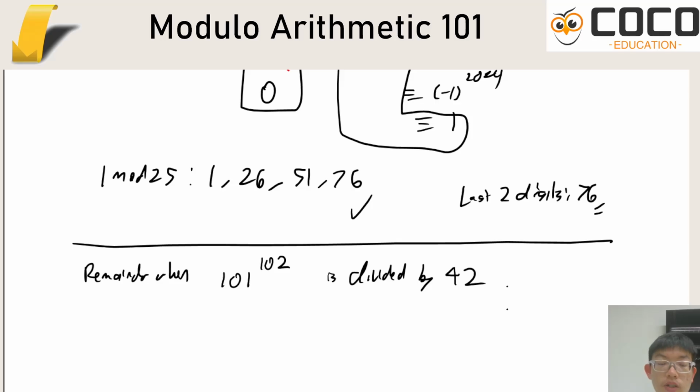Remember that, of course, I can reduce the number 101. 101 divided by 42 is 2 remainder 17.